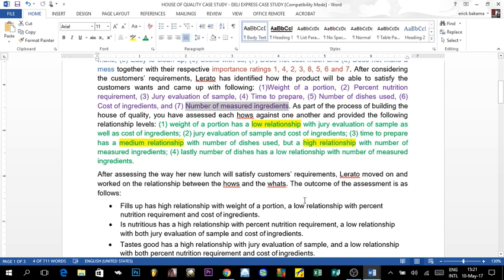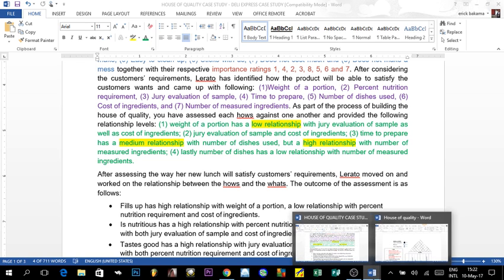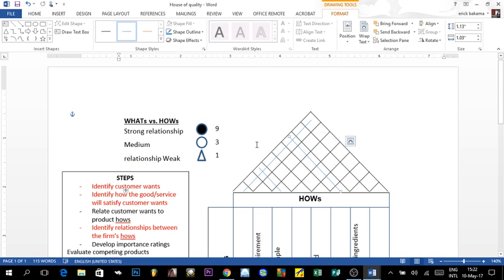The statement started repeating itself and is a bit confusing, but yes, they say that it is a low relationship.